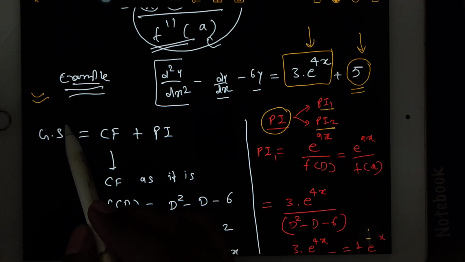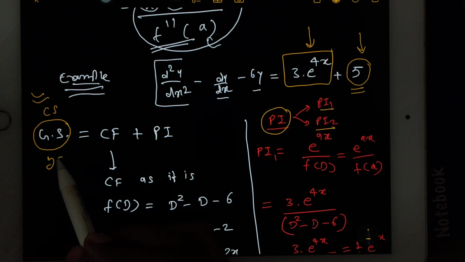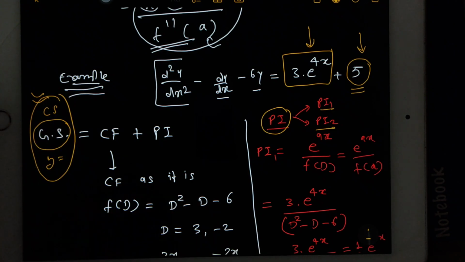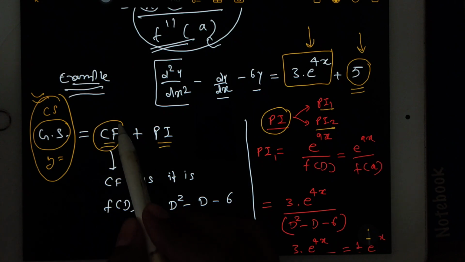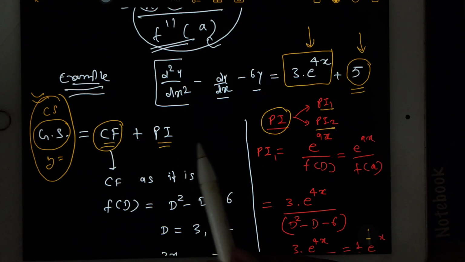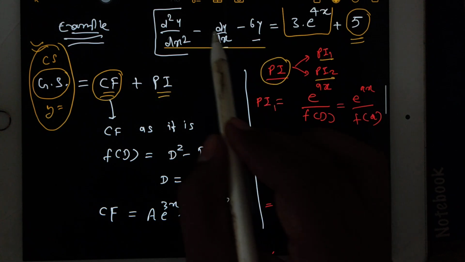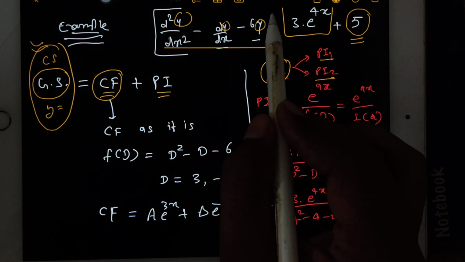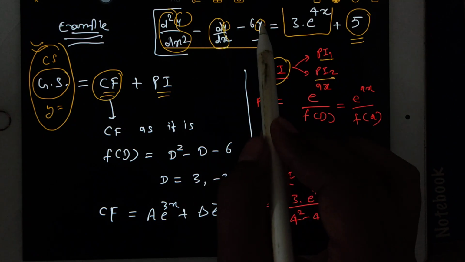On the left side, the general solution, or complete solution, the y value you want to find out, needs two things: CF and PI. CF you will calculate exactly as you were calculating in previous lectures. Take y common from this equation, then replace this as d square, this as d, this as 6.